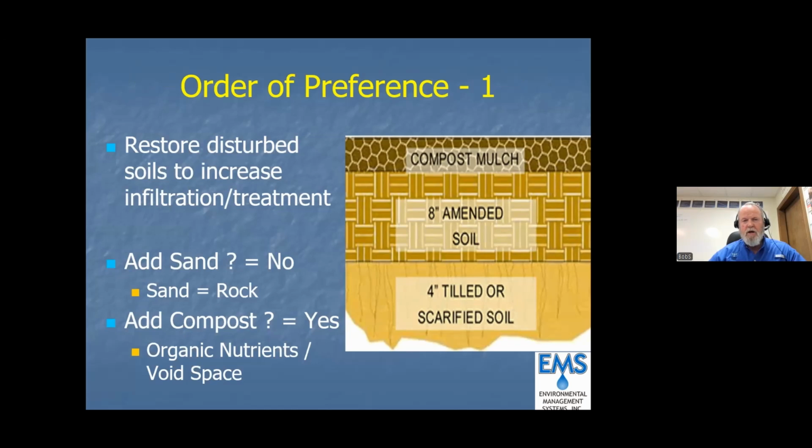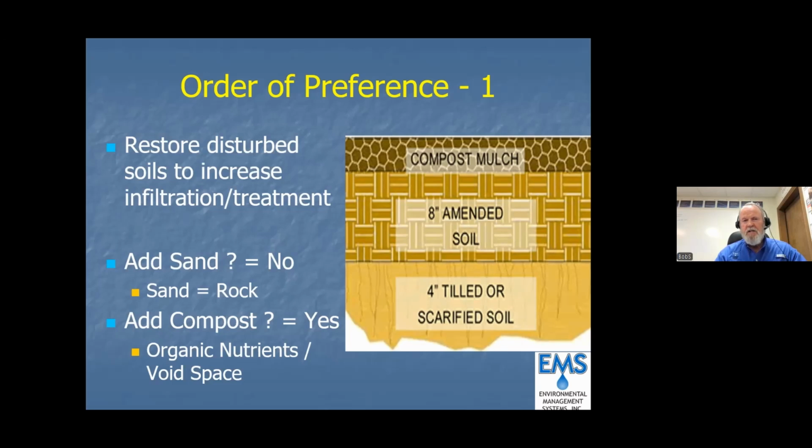Sand is rock, and it does not actually help with the drainage. If you have sand and you've got a lot of space between the sand particles, then you've got some drainage. But if you think about adding sand to clay, you'd have clay with rock in it. So that doesn't work. If you're looking at amending soils, you're really looking at compost or something like that. Natural soils, of course, are ideal in many cases, not always.